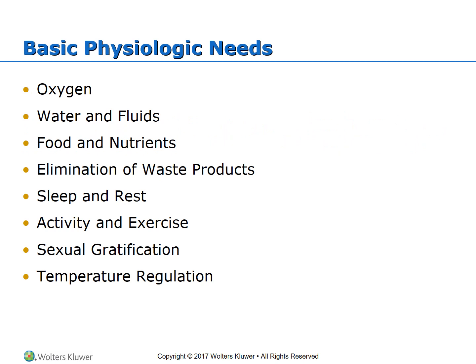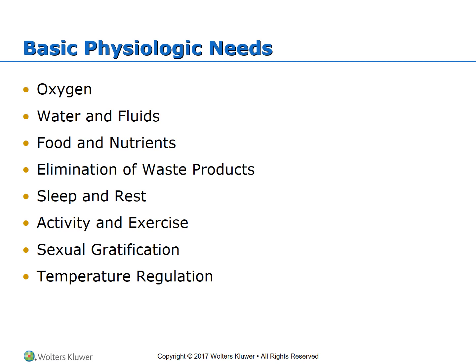So basic physiologic needs. This all starts on page 49 in your book. Oxygen, like I said, is the most essential of all basic survival needs. Without oxygen, we can die within a matter of minutes.